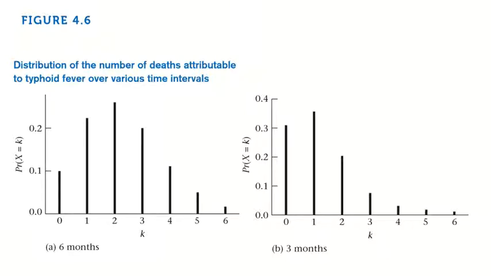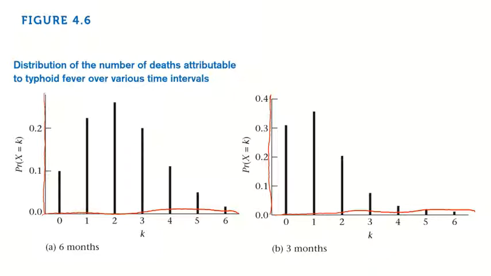So let's look at these bar graphs of two Poisson probability mass distributions. The horizontal axis that you see here represents the number of successes, or K. The vertical axis represents the probability that the random variable X will equal K. So these are probabilities.